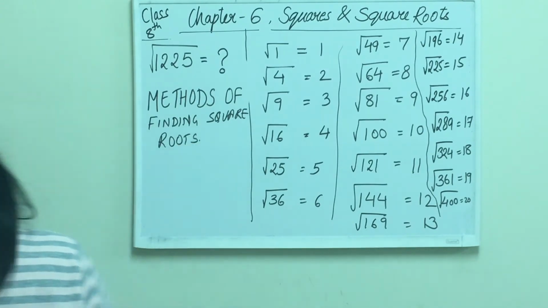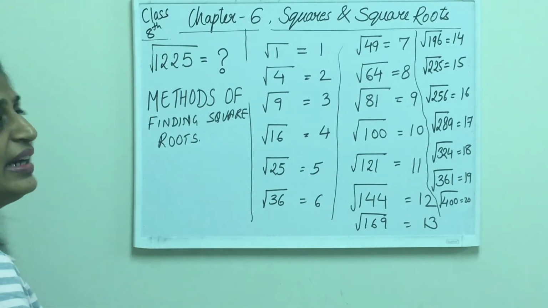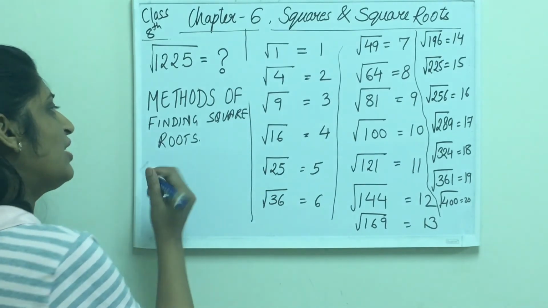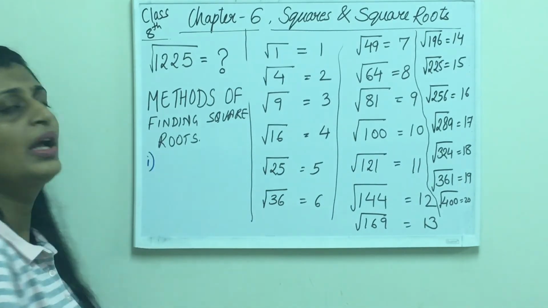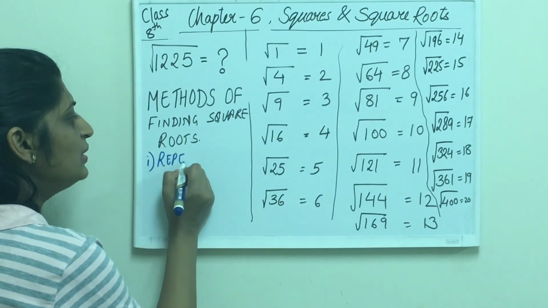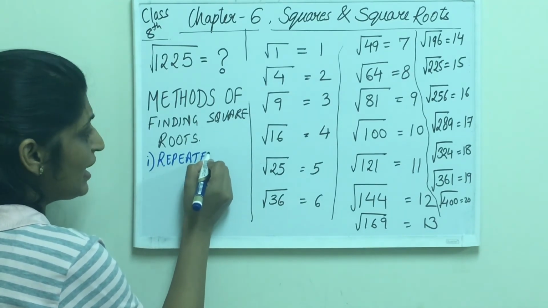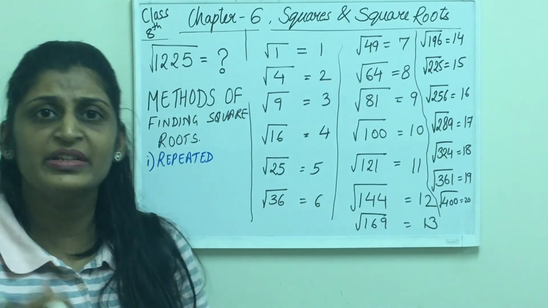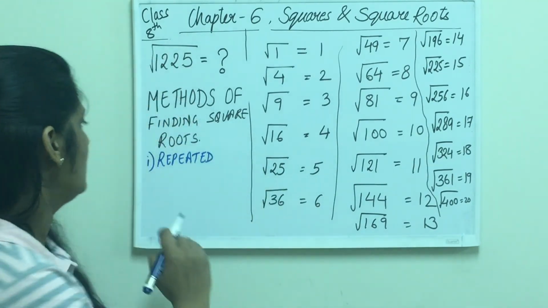So all my dear students, there are 3 ways in which we can find square roots. The very first way is the repeated subtraction method. I will be taking them one by one in the respective next 3 videos.